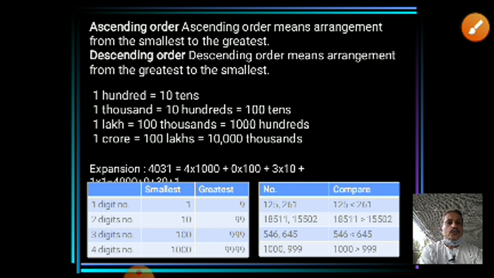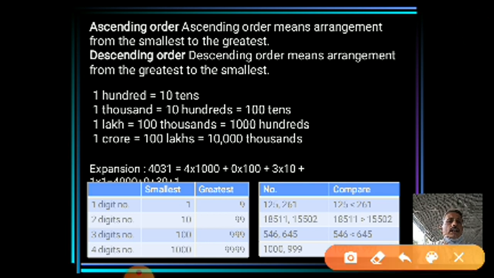Now look at the second table. The second table shows us two numbers, 125 and 261. You have to put the symbol greater than or less than. We know this is the greater than sign and this is the less than sign. This point is showing the smaller number, isn't it? Yes.